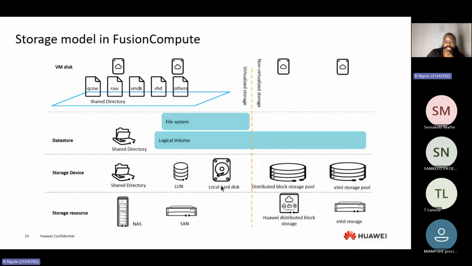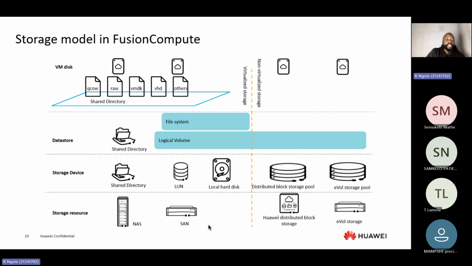This mode will take the physical storage into a data store, which will enable all the advanced features such as snapshot, live or cold migration, link clone, cloning all your data there, right?